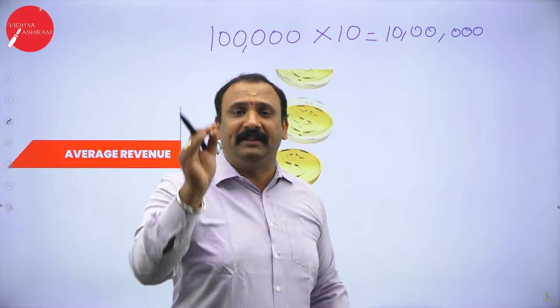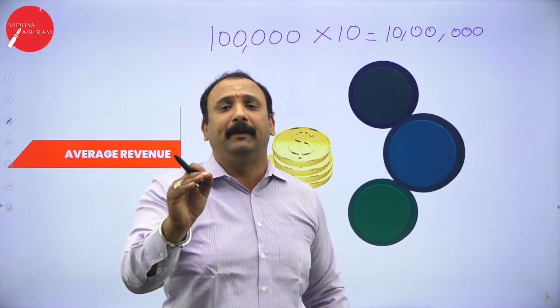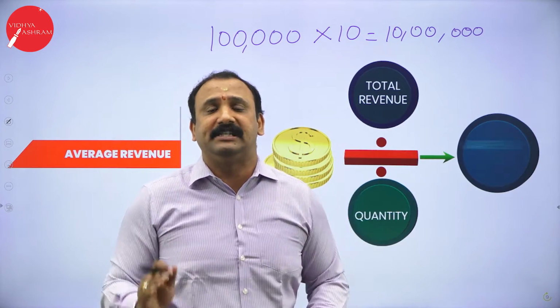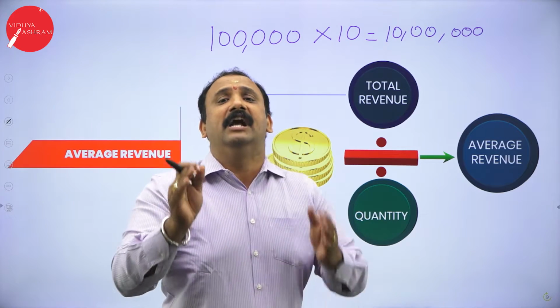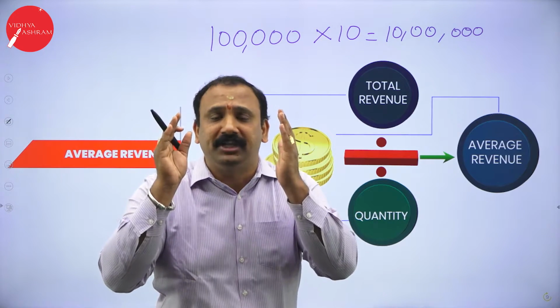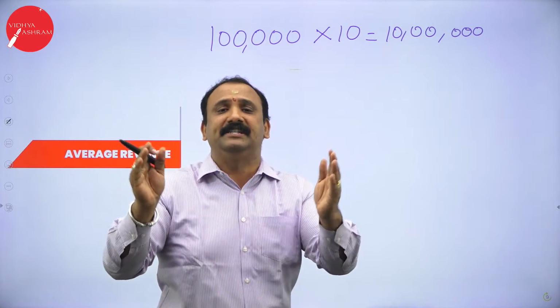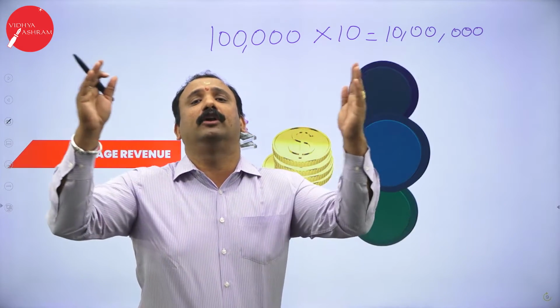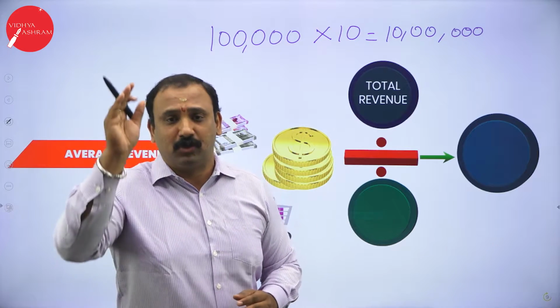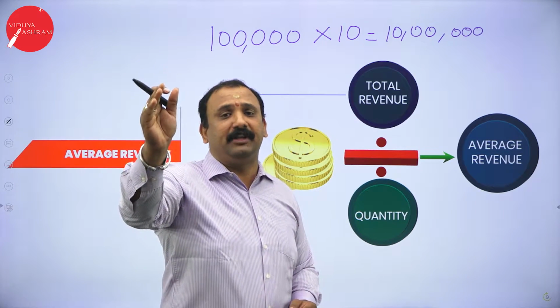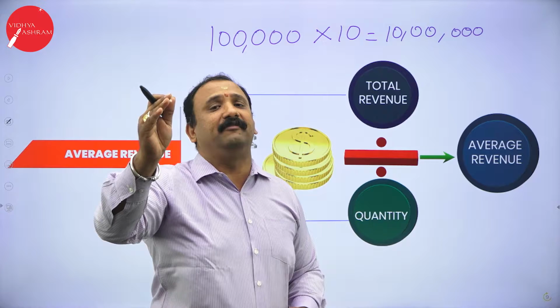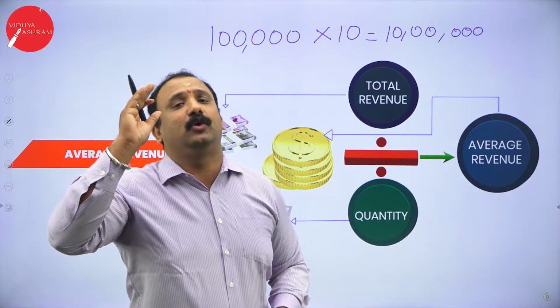So anytime when the analysts look into the company on an average basis, they want to understand how much money, how much income a company is able to make on a daily basis, a monthly basis, or on an annual basis. So keep in mind, average revenue is nothing but total revenue divided by the quantity.